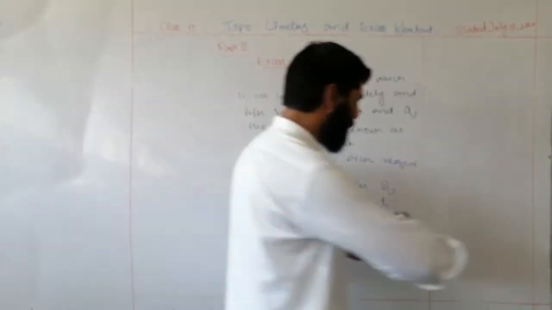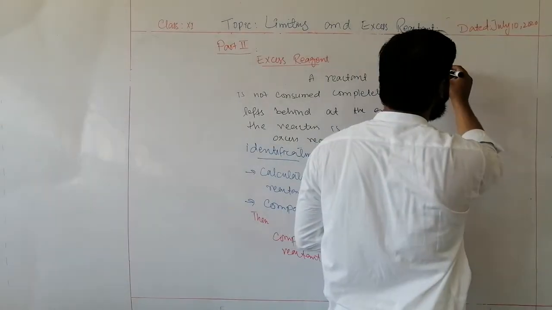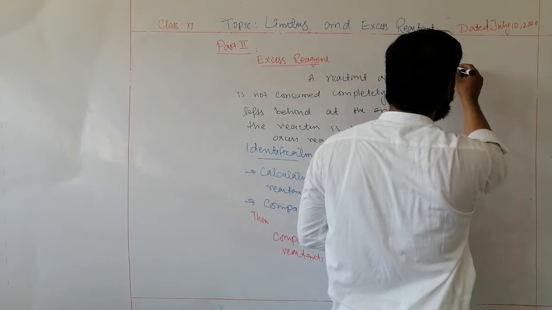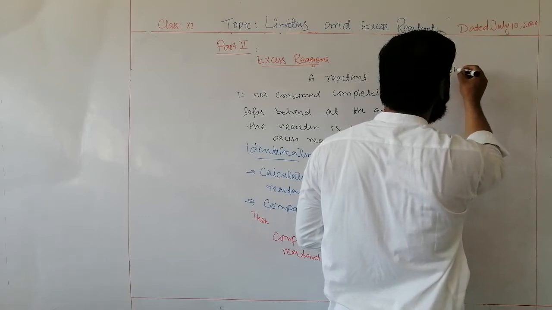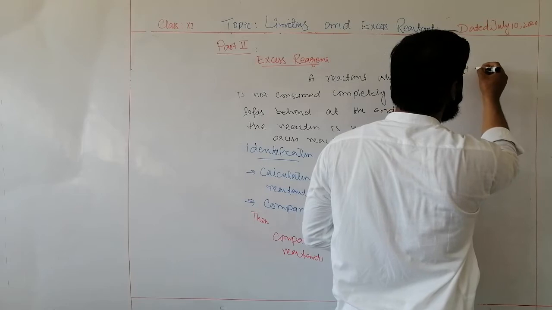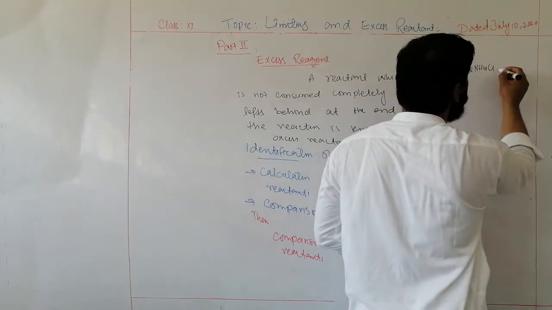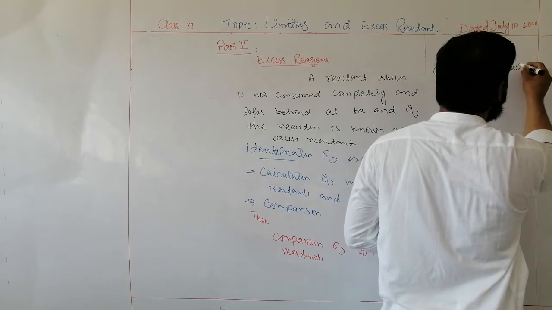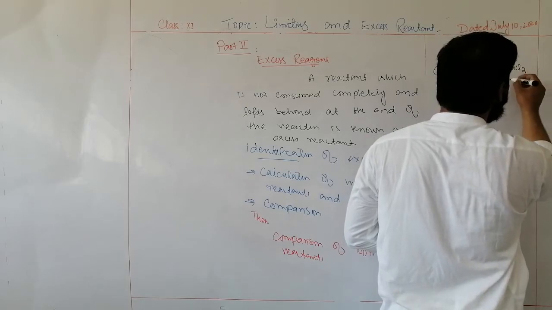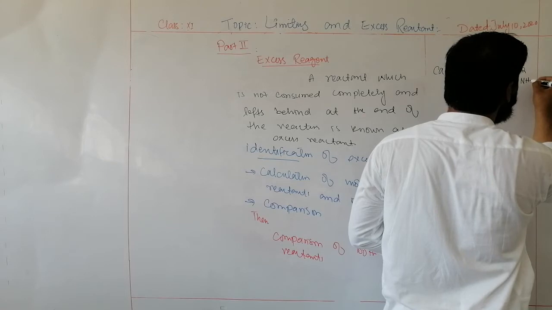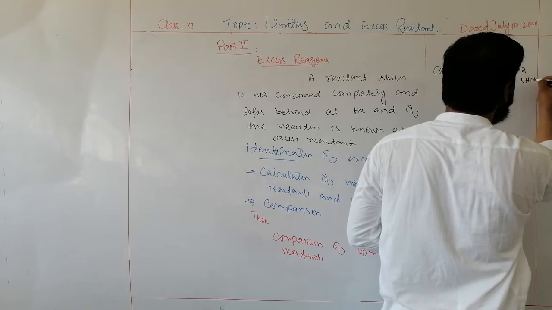For example, you are given a reaction in which calcium hydroxide reacts with ammonium chloride to produce calcium chloride and ammonium hydroxide.